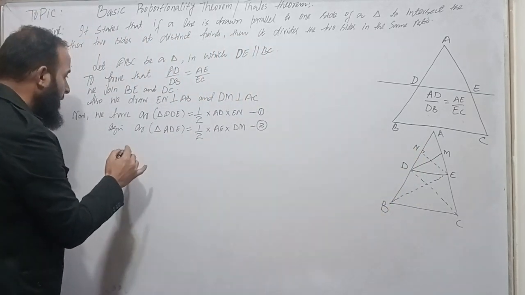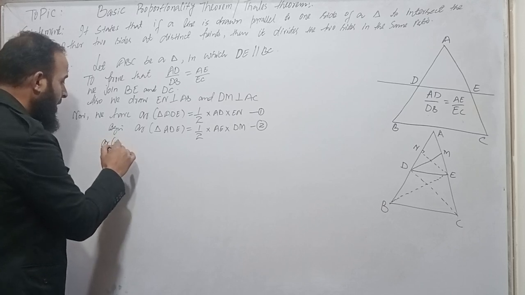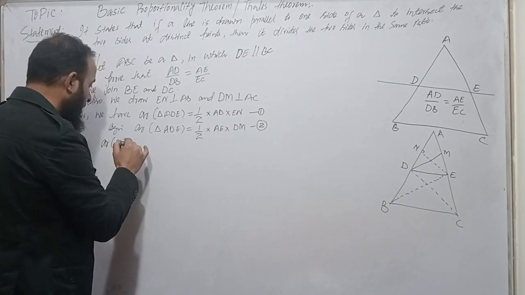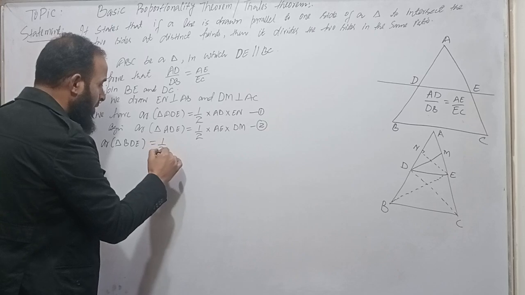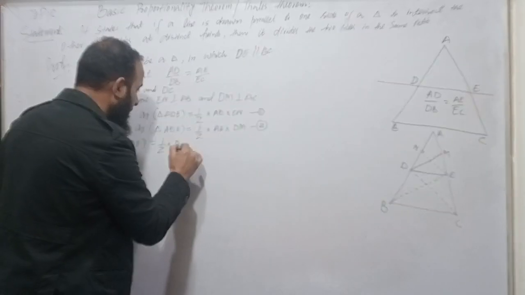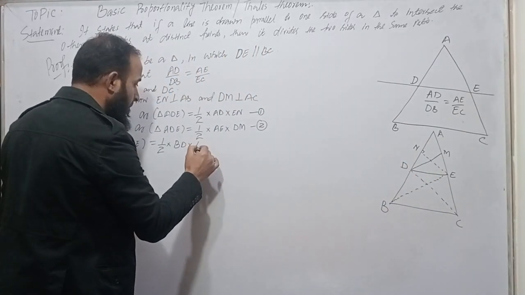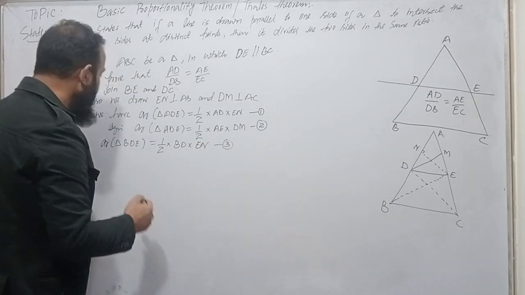Therefore, we can write area of triangle BDE is equal to 1/2 of base BD into perpendicular EN. Let's name it as equation third.